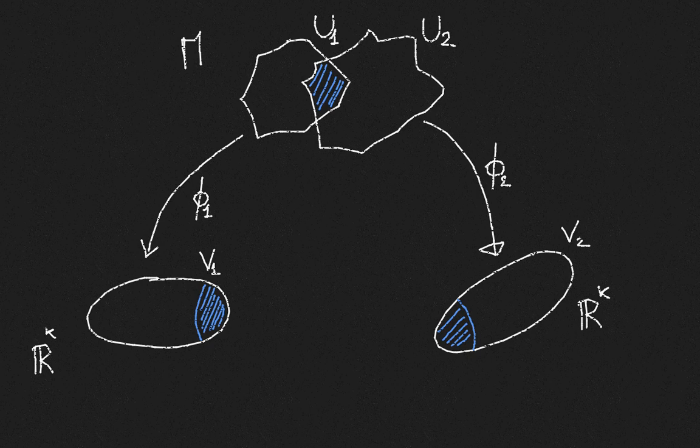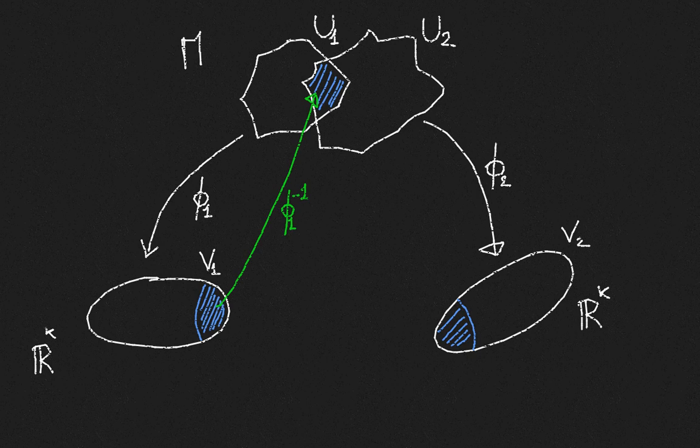Now you can go from here to here in this way. From here you go up with the inverse of phi1. Remember, phi1 is a bijection, so you can invert it.